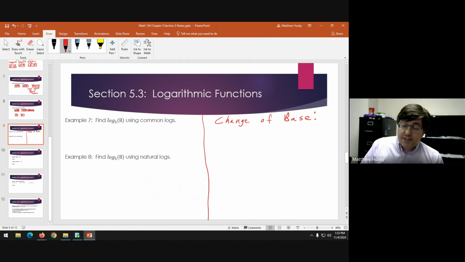And so change of base is this formula right here.